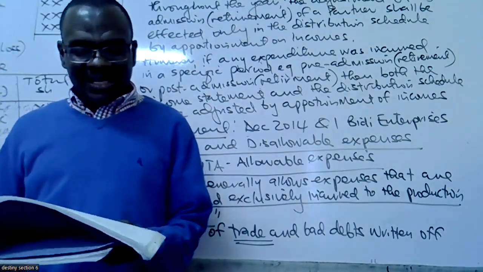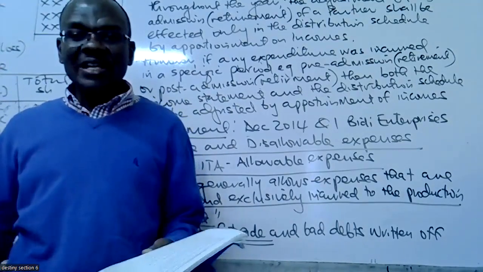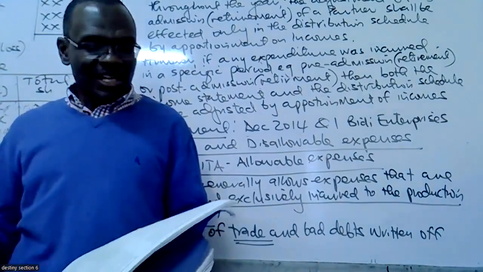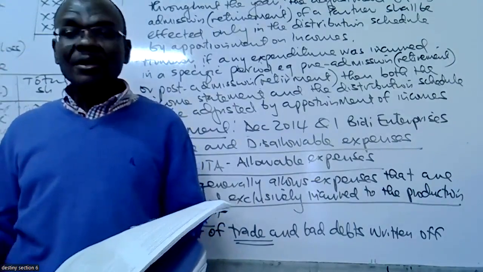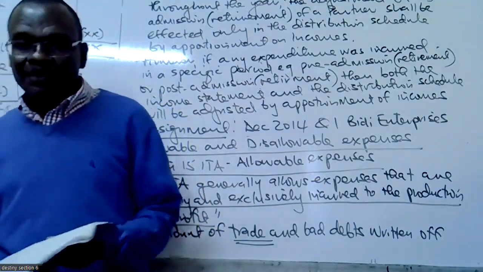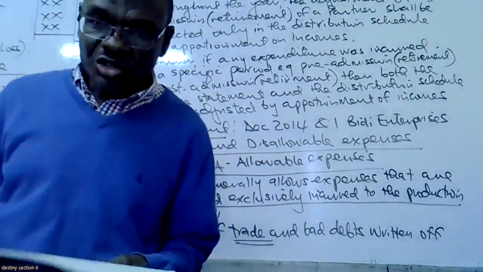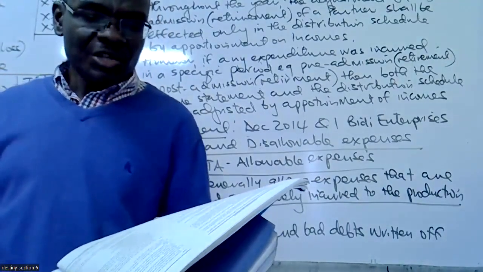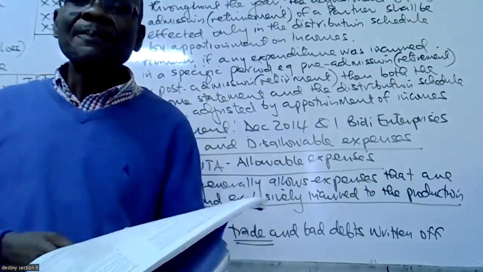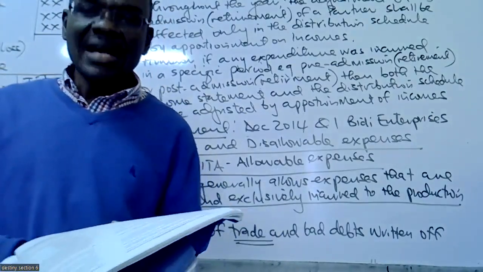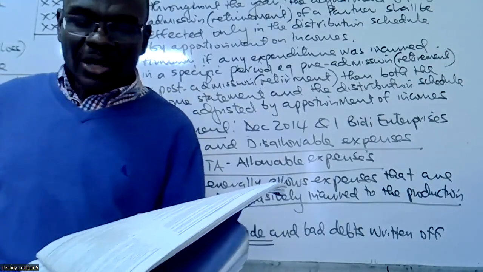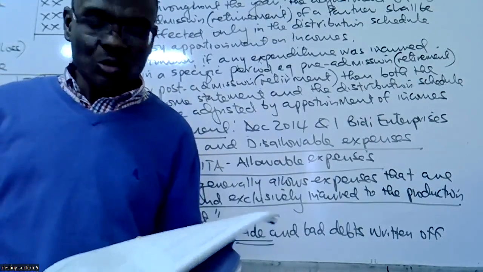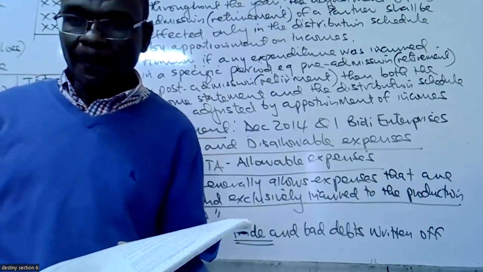Then number 9, donations. Cash donations to charitable organizations or charitable institutions. So any company or individual making donations to charitable organizations, it shall be an allowable deduction according to the Income Tax Regulations of 2007.